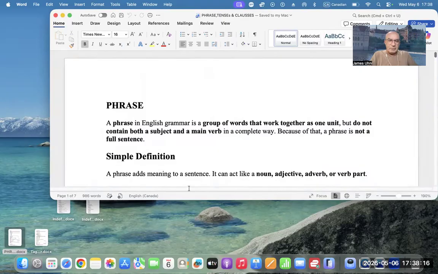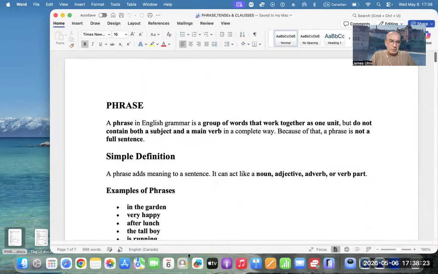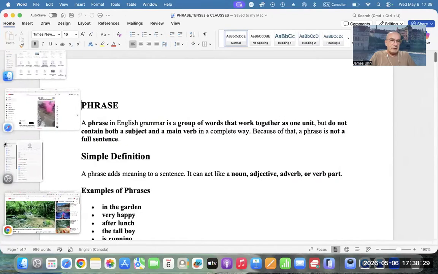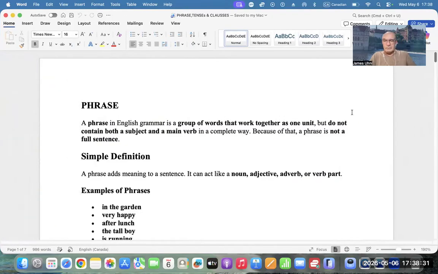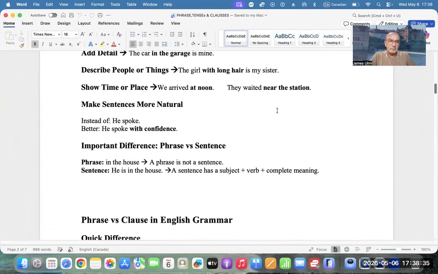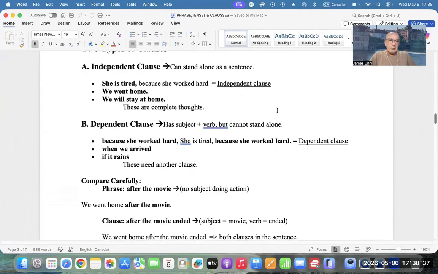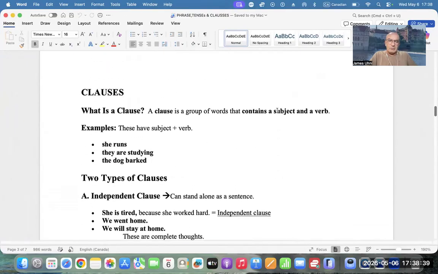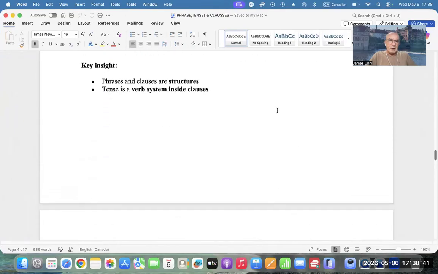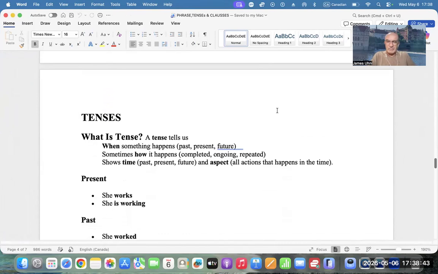If I present to you how huge a subject it is, then we will be here for a very long time. So here are phrases, here are clauses, and further on are tenses.